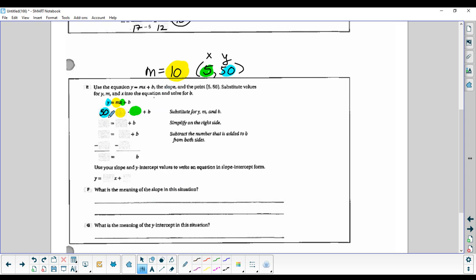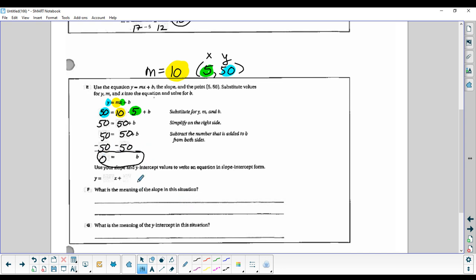So 50 is my y-coordinate, 10 is my slope, and 5 is my x-coordinate. 10 times 5 is 50. So to solve for b, I need to subtract 50 from both sides to isolate b. So my y-intercept is actually 0.